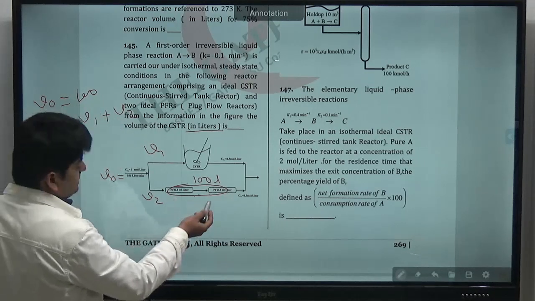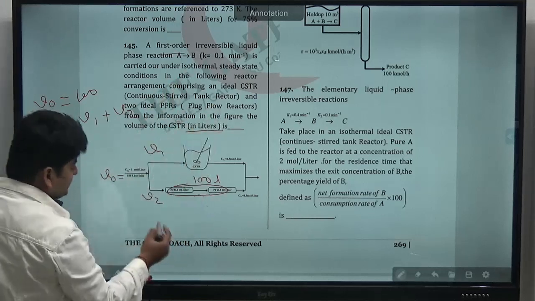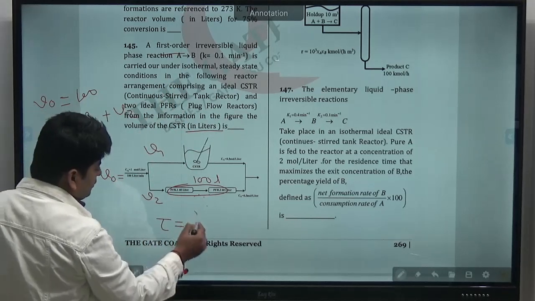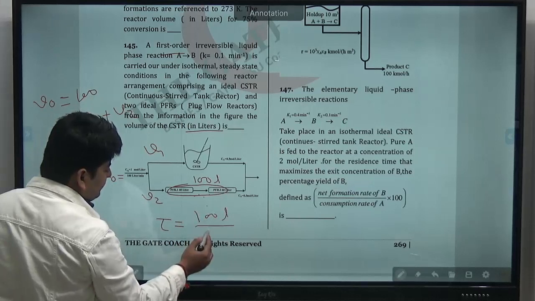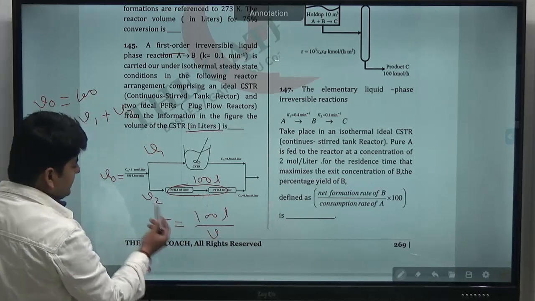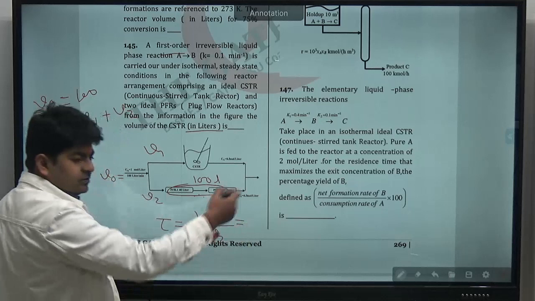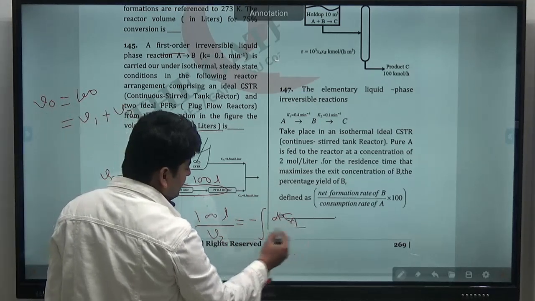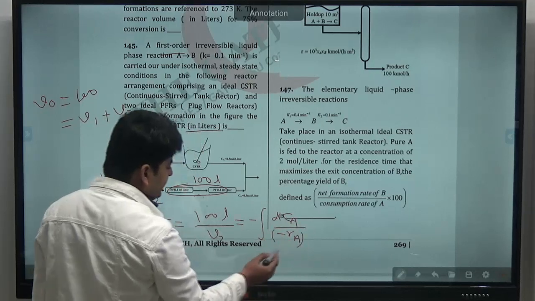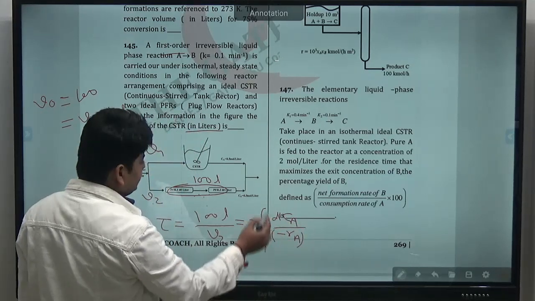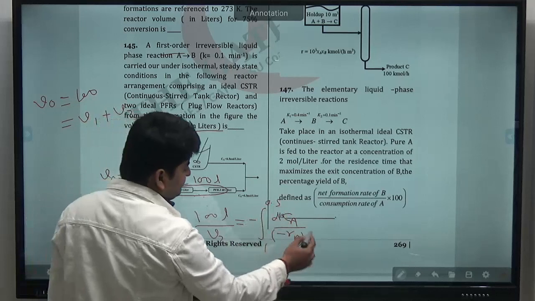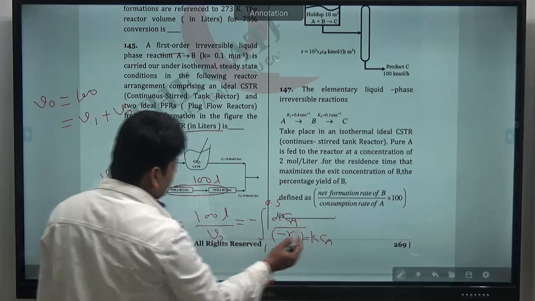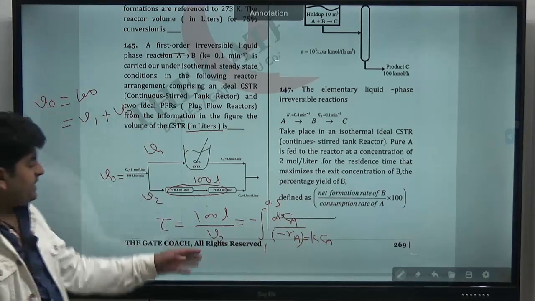Okay, so apply mole balance over this PFR, first order reaction is there. So tau is equal to V, that is 100 liter, upon V0, volumetric flow rate at inlet, that is V2, is equal to minus integration of dCA over minus RA from CA0 to CA. CA0 is 1, CA is 0.5, and this is first order reaction, so it will be kCA.